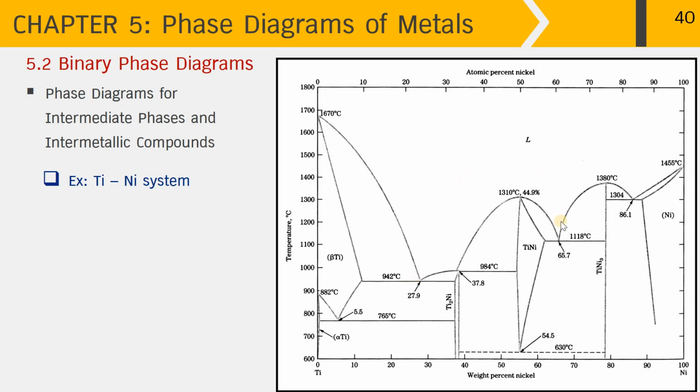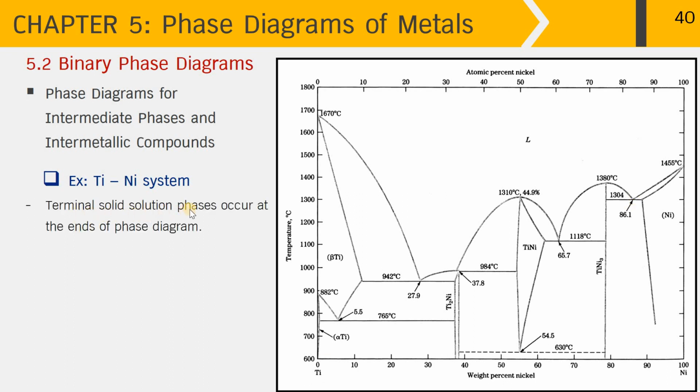Another example of a eutectic reaction is right here at 65.7% nickel and a temperature of 1118 Celsius. And also right here, when the nickel is at 86.1% and the temperature is 1304 Celsius.